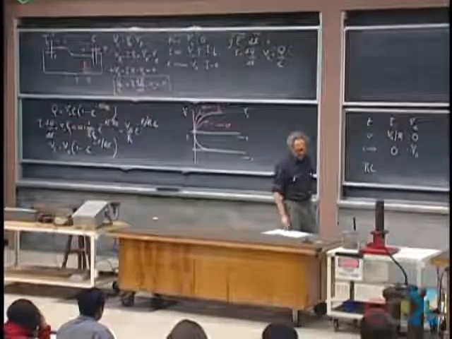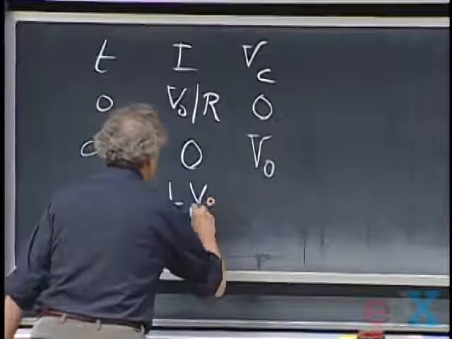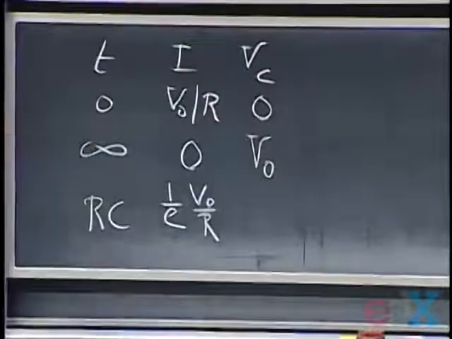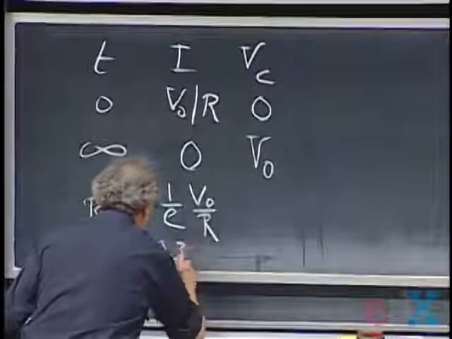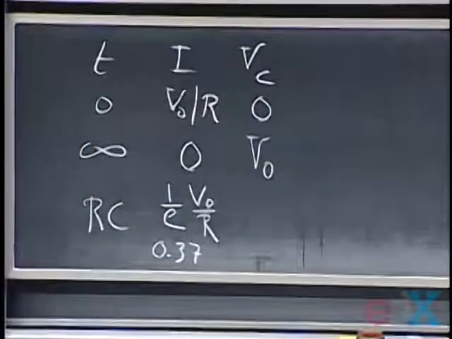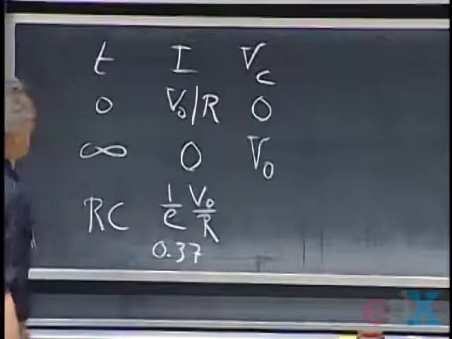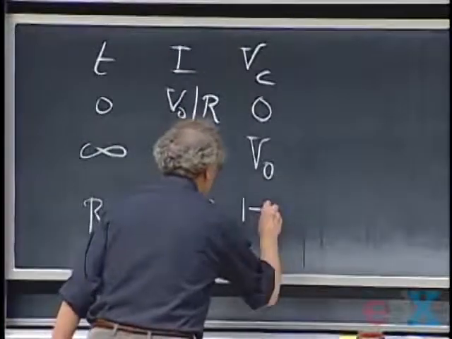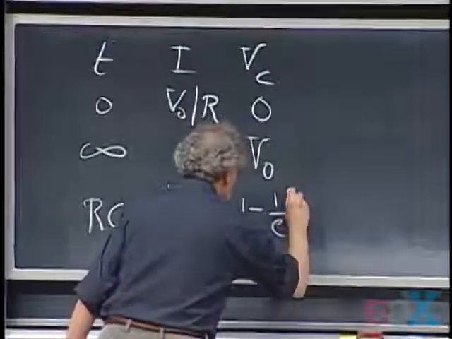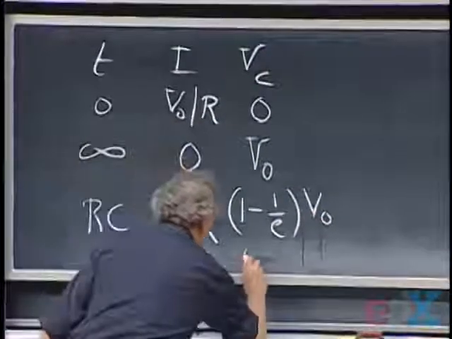Then, of course, your current is 1 over e times V0 divided by R. And 1 over e is roughly 0.37. So your current is down to 37% of what it was at the beginning. And after a time RC, the potential over the capacitor is 1 minus 1 over e times V0, and that is then about 0.63.